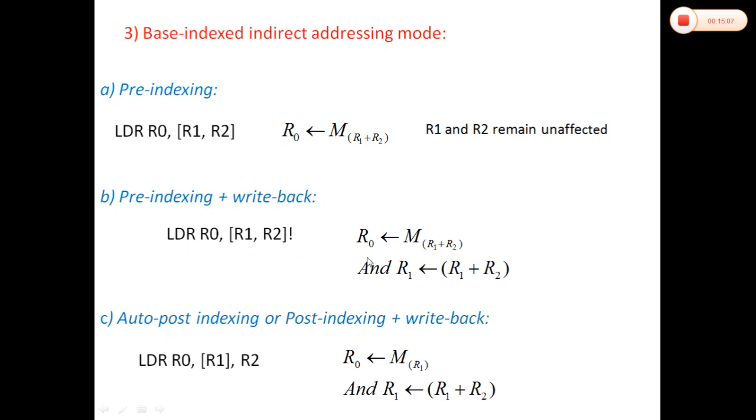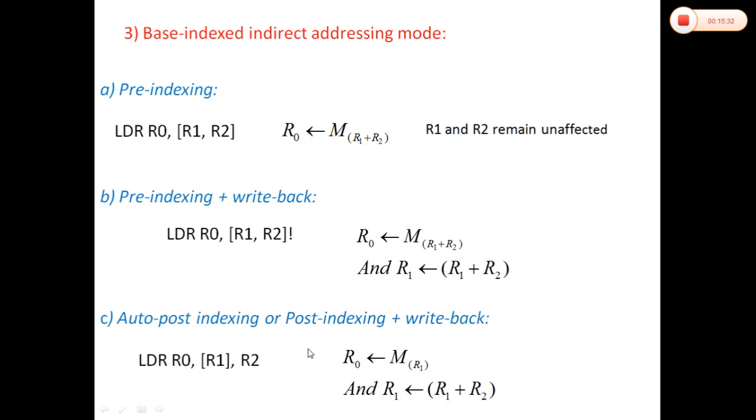So here it is again pre-indexing: the contents of R1 and R2 are added to generate the final address. The content of the memory location is copied into R0, and then the new address, which is the addition of these two, is copied into the base register. So the base register gets modified. This is the write back operation, and this is pre-indexing. So pre-indexing plus write back, similar to what we discussed before.